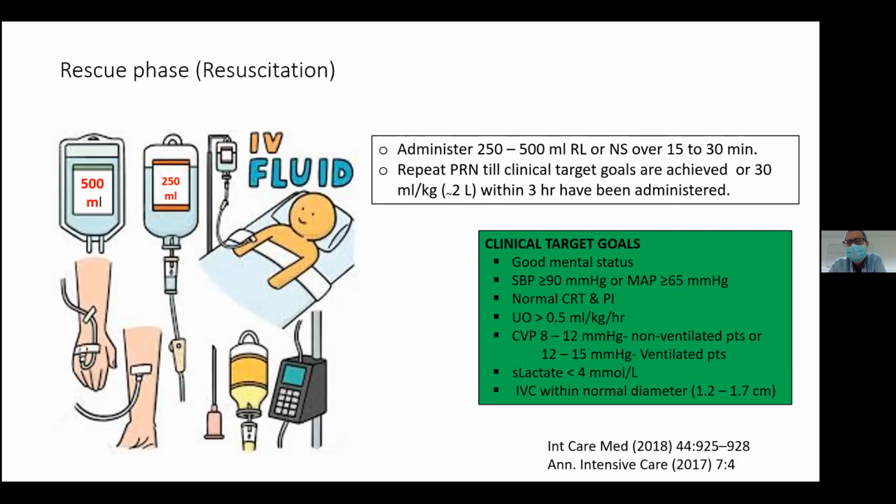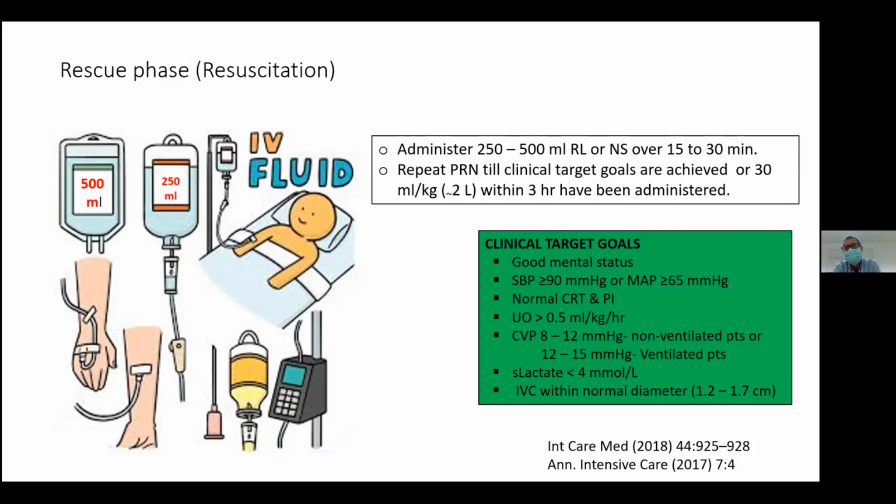The CVP, in the setting where it is possible to measure, should be 8 to 12 millimeters of mercury for non-ventilated patients, and 12 to 15 millimeters of mercury for ventilated patients. That is because when you apply positive pressure, that pressure is going to be transmitted to the right atrium, and then the pressure will increase. That's why in ventilated patients, the CVP value is higher.